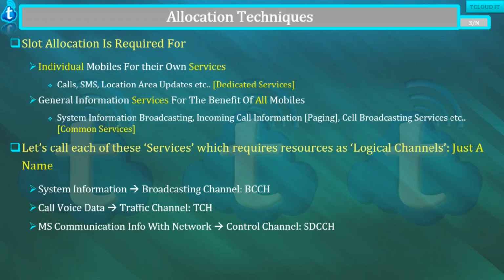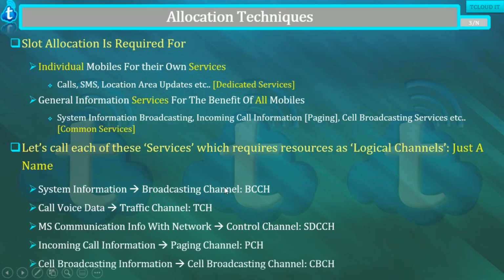So if mobile sends any digital data to the network, that kind of data is called as SDCCH data or control channel data. So these are all different names for different types of data that the mobile is generating.